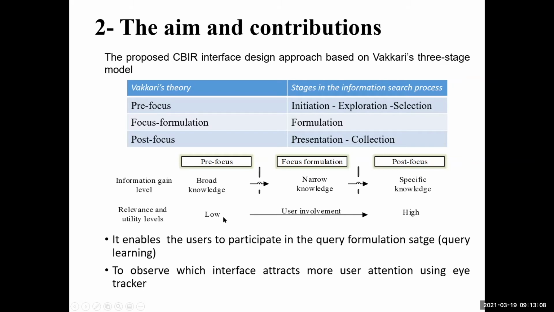Later they can select random documents or images to initiate the training model, rather than relying on pre-selected training samples for the classifier. In focus formulation, the second stage, the user can train the classifier or the model based on the instances provided by the system.